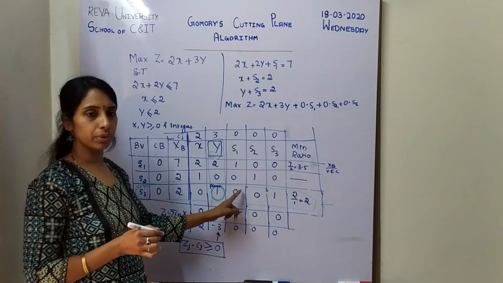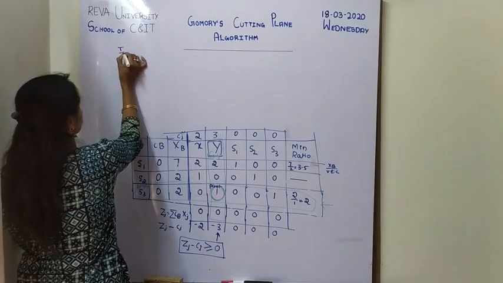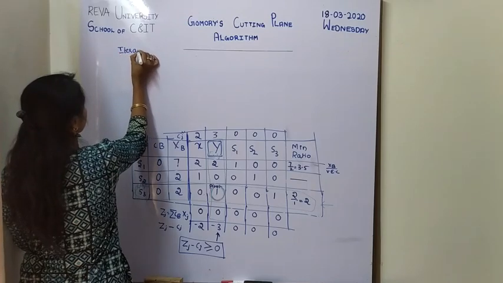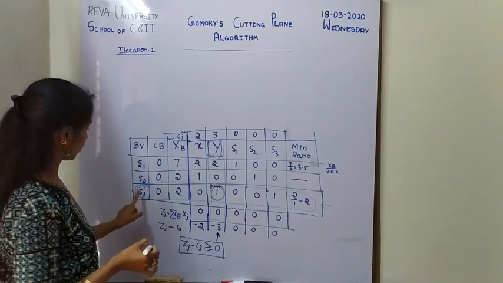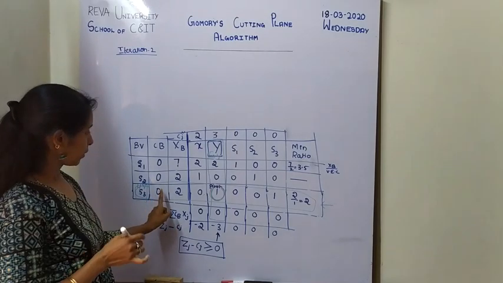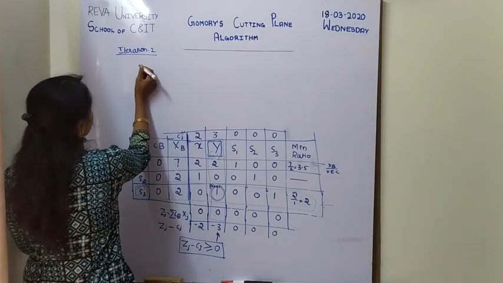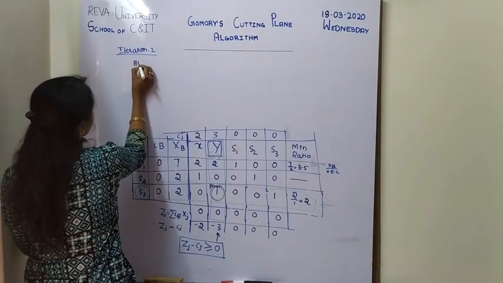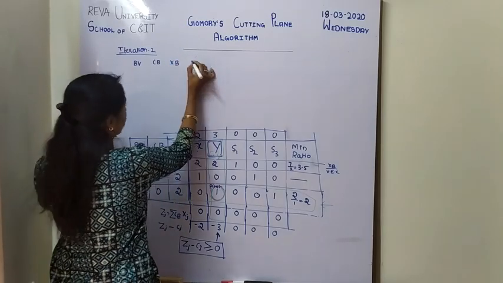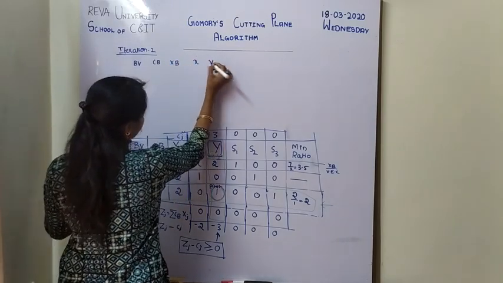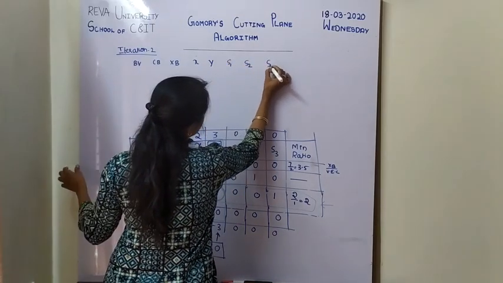Now we'll move to the second iteration. So this is iteration 2. This is our new table now, and we have to fill the table again. So I'll write here BB, CB, XB, X, Y, S1, S2, S3.